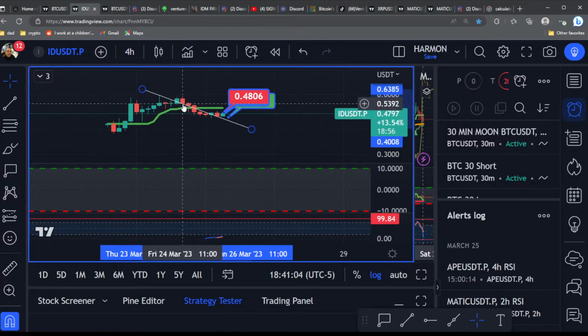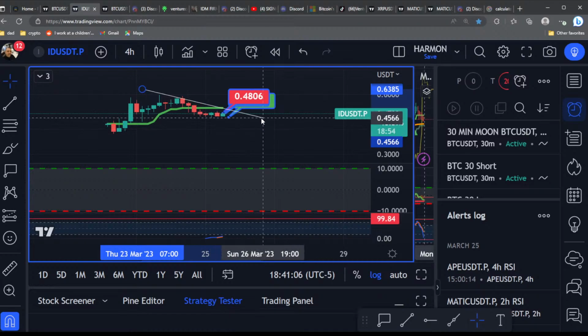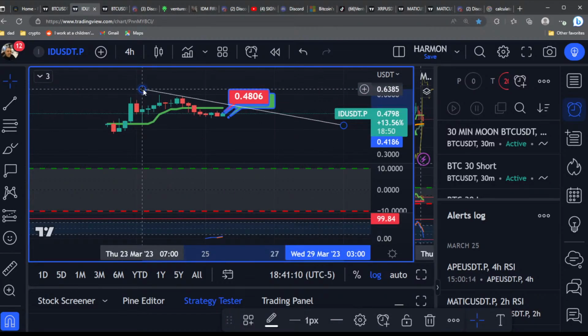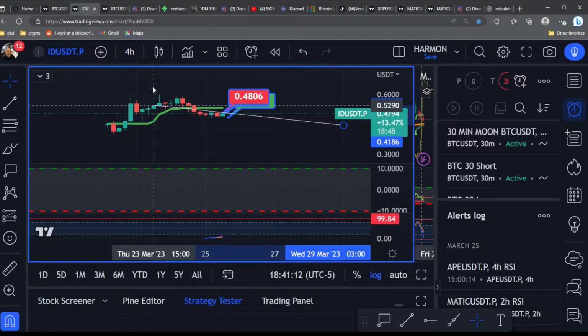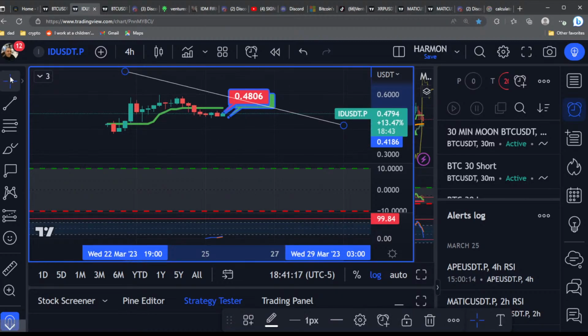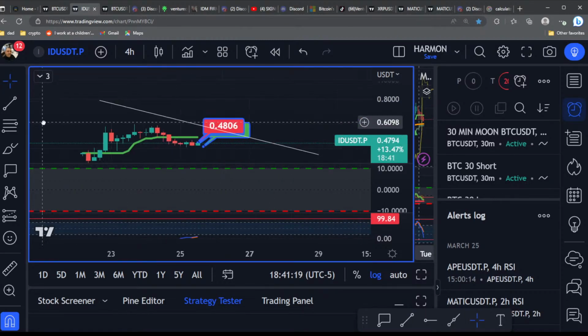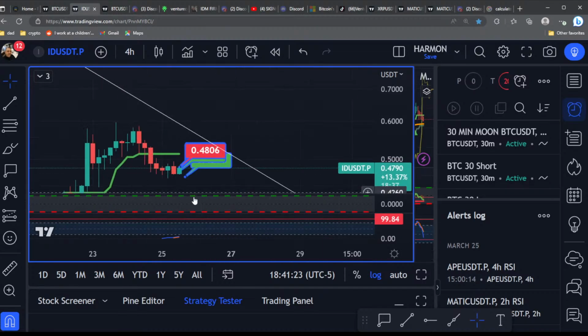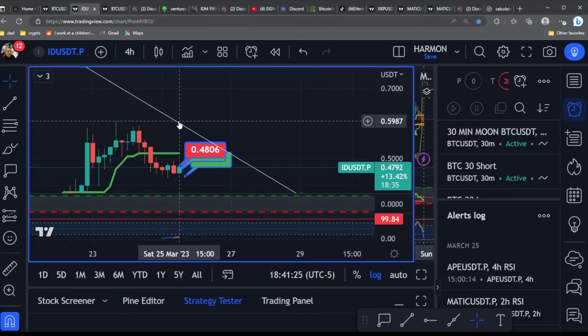And it looks like this wick to the top of that wick. Let's get our little trend line here. All right, there we go.